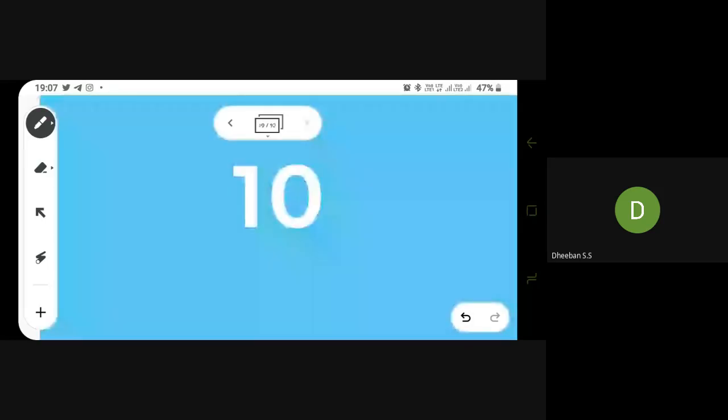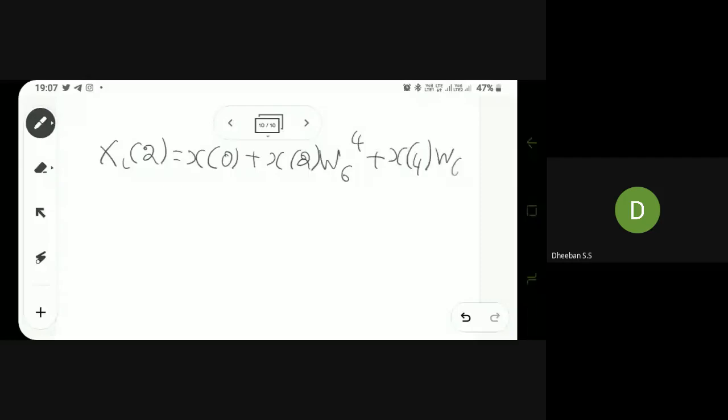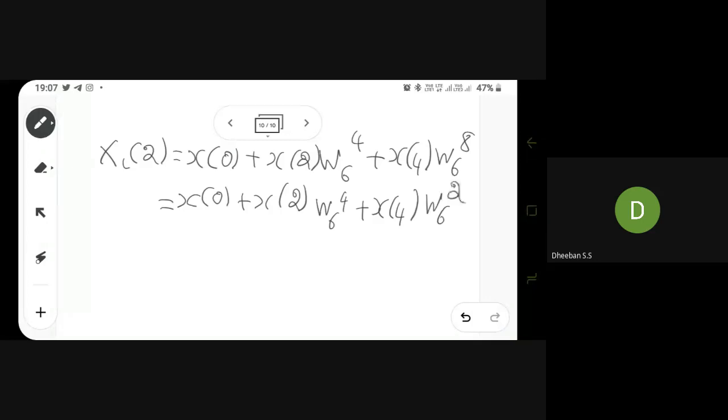And next x1 of 2 will be x of 0 plus x of 2 into w6 of 4 plus x of 4 w6 of 8. So this 8 you can just take it in this manner because it is in the unit circle, so it gets repeated. It gets in the repeated manner.